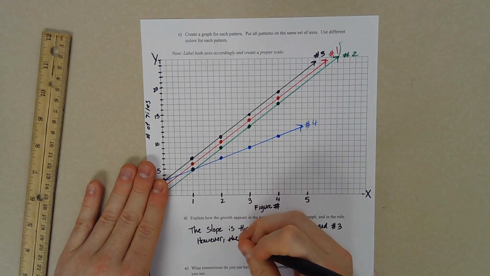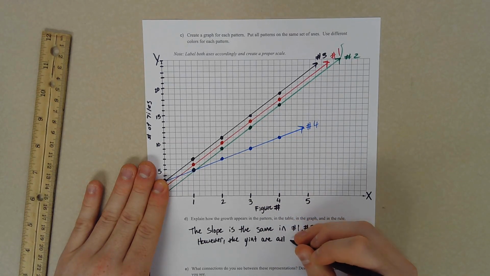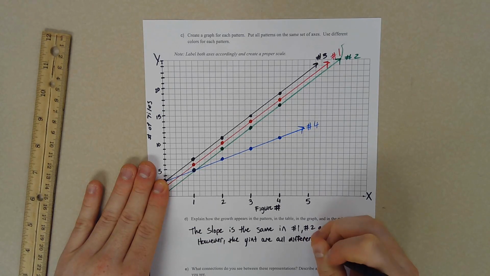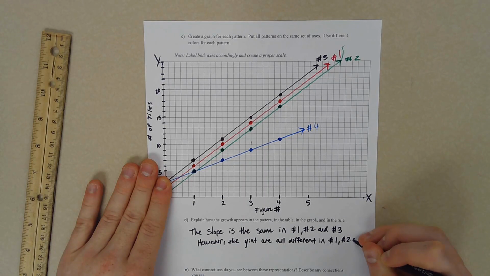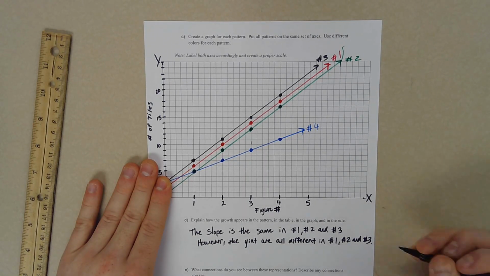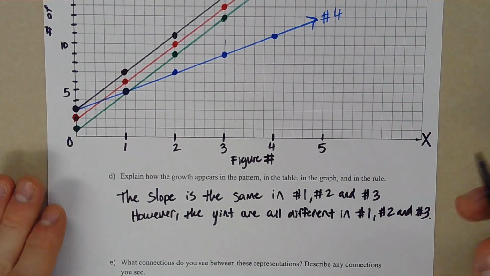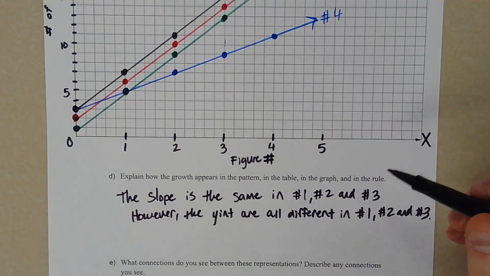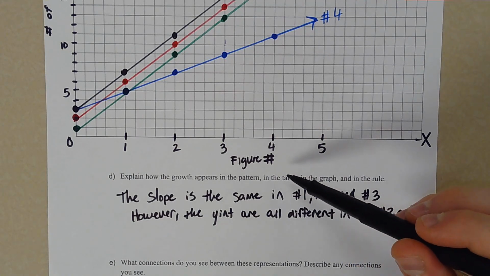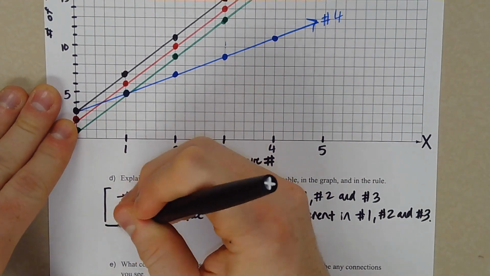However, the y-intercepts are all different in 1, 2, and 3. Now guys, this little sentence right here actually can summarize all the pattern, table, and graph and rule, because we knew from last lesson that the table, graph, rule, and pattern are all related to each other in these linear contexts. So we got one little explanation here.